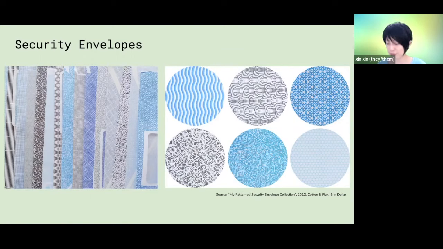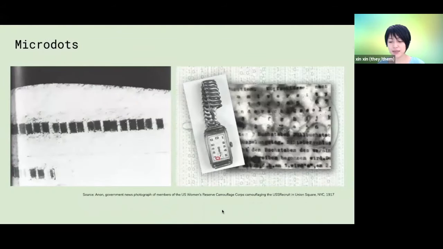Here is another example also used during wartime, and this microdot is a type of steganography. The definition of steganography is a technique that hides information in plain sight, right? In this case, what we're seeing is textual information, paragraphs, and written language shrunk to tiny little dots.